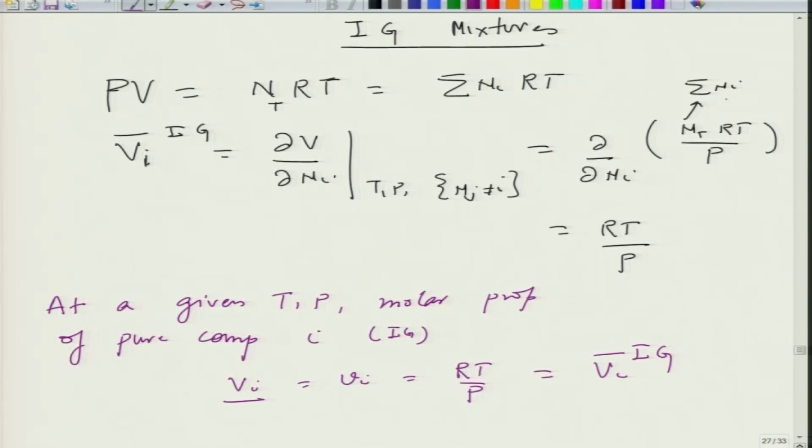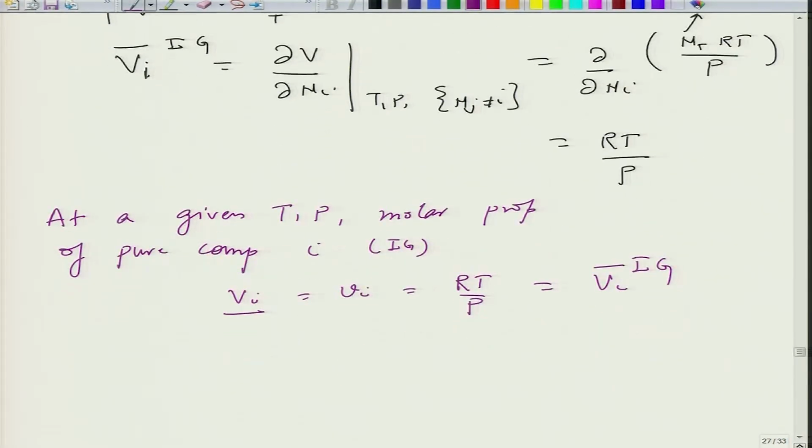Now, let us take this definition and extend it to obtain the delta V mix for the case of an ideal gas mixture. So, this would be the change in the volume of the mixture in an ideal gas.